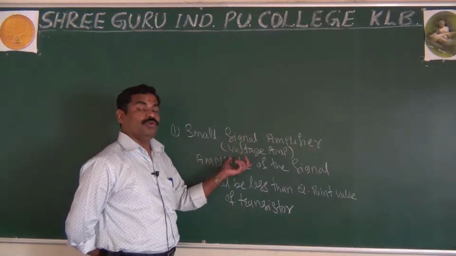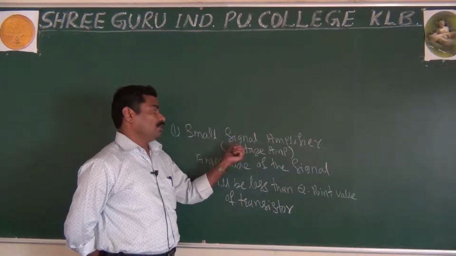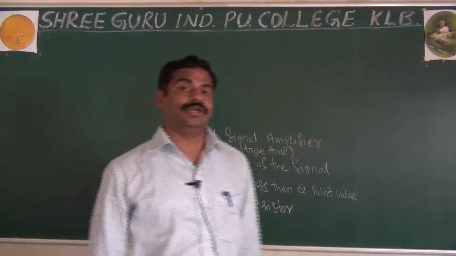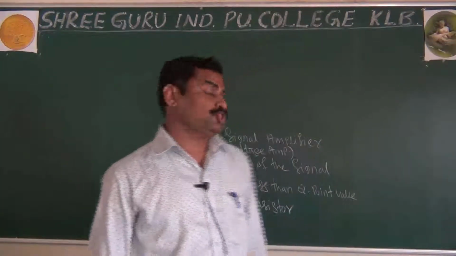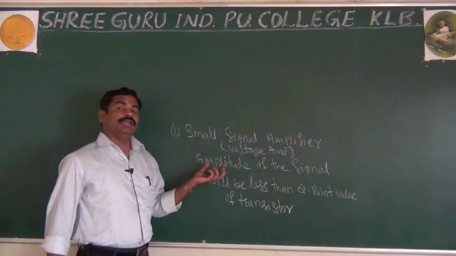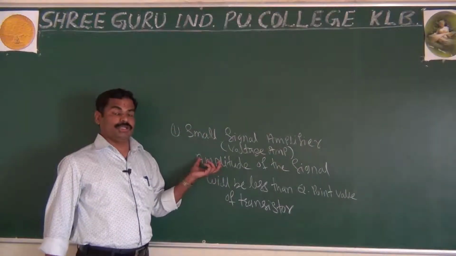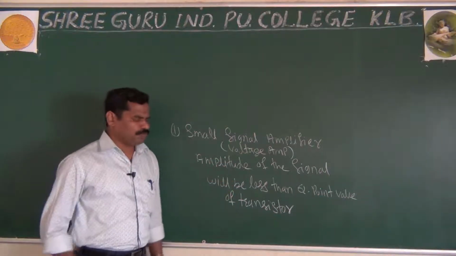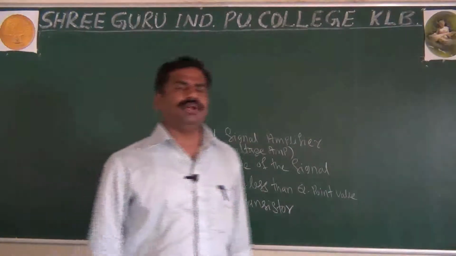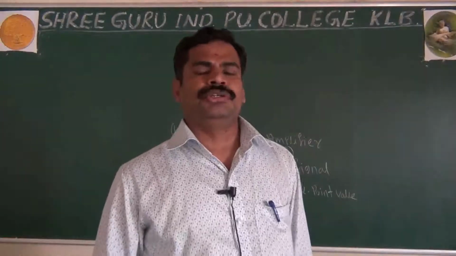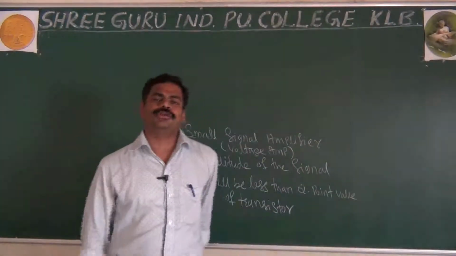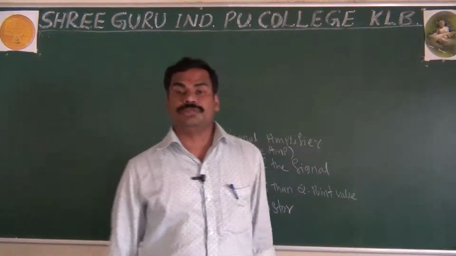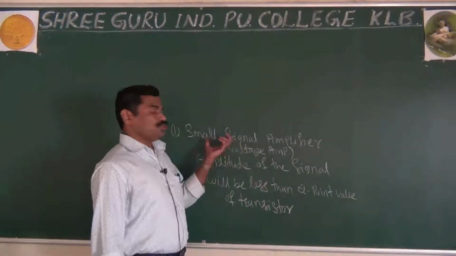That is what is called the small signal amplifier. Another name is voltage amplifier, because you are increasing the voltage level of the signal. And where do you use these voltage amplifiers? Especially in the initial stage of a radio transmitter and receiver, you are using small signal amplifiers.